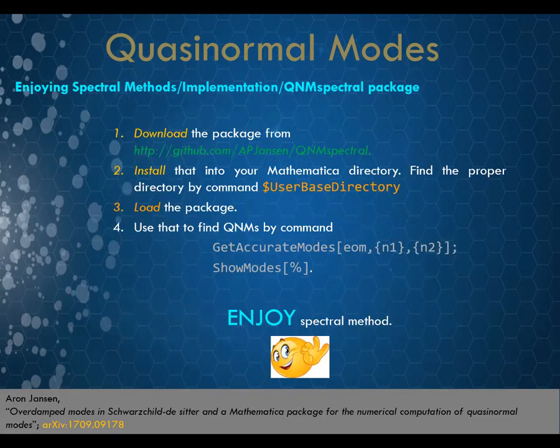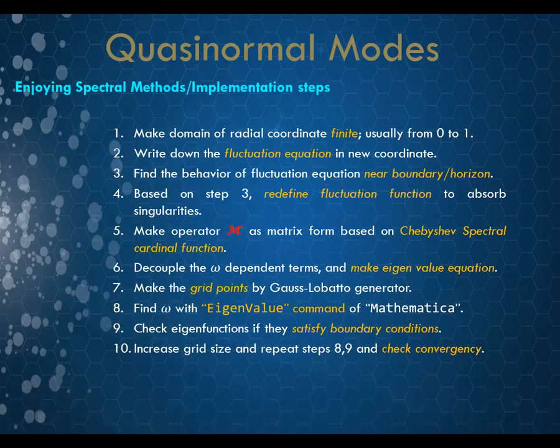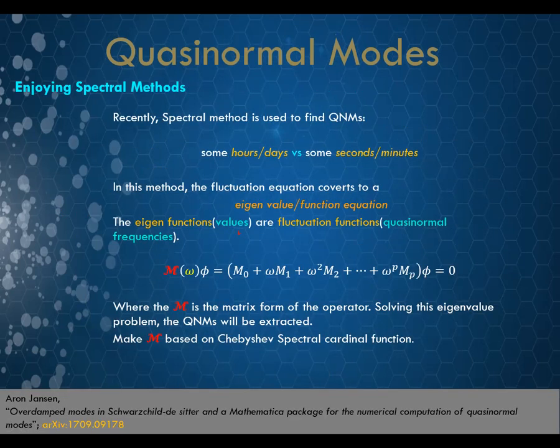So when the equation of motion contains higher powers of omega, how do you get omega by using the eigenvalue function of Mathematica? Could you explain that part again? You mean including omega squared, or up to omega to some power? Yeah, good question.